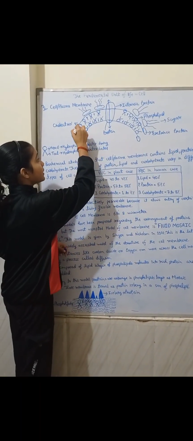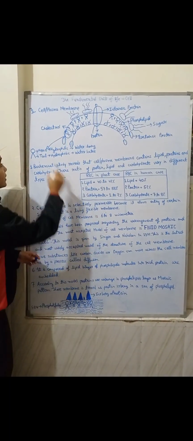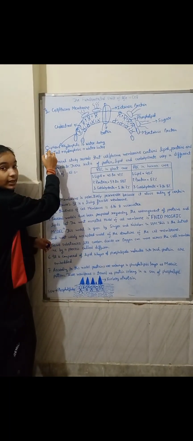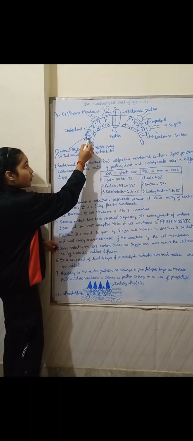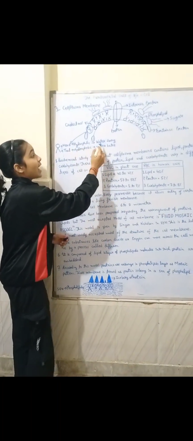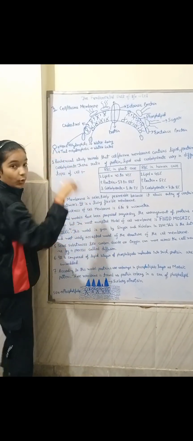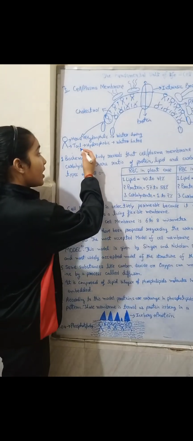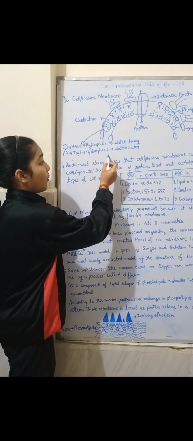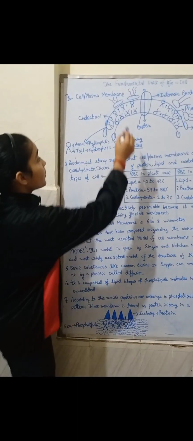These particles are known as phospholipids, and this circle represents the head of phospholipids, also known as hydrophilic, means they are water loving. The opposite V represents the tail, the other name is hydrophobic, means water hating.